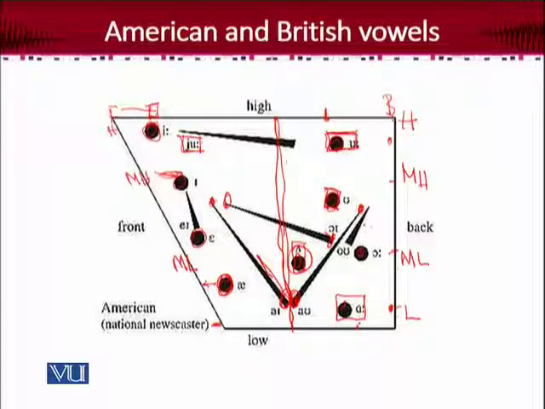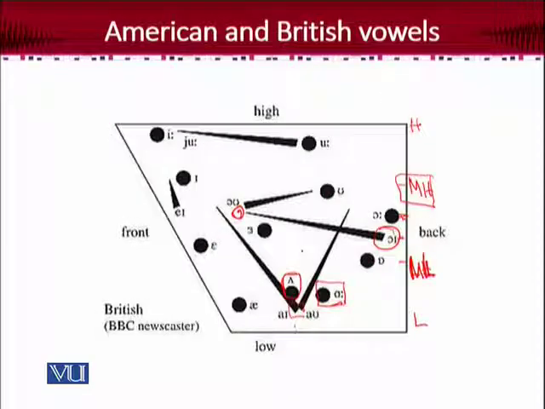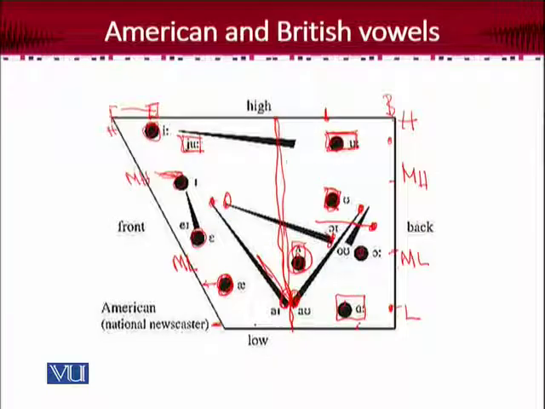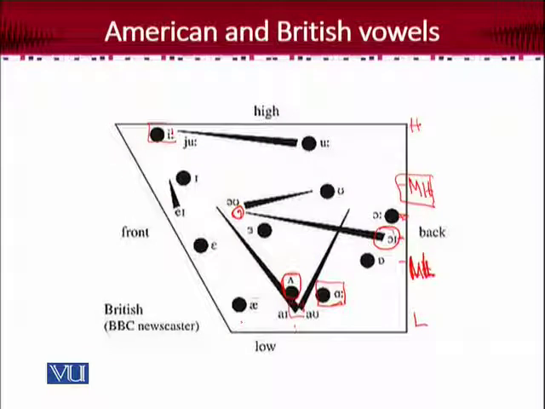In the case of British, it should have started from here, right? So that's another comparison of the vowels, British vowels, and this A, right? And also this E, right? There is a difference between these two vowels. And also a difference between this A in American and this A in the British inventory.